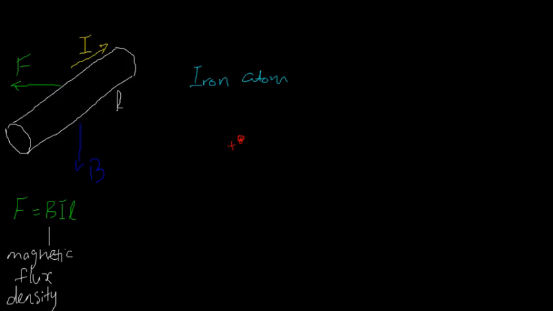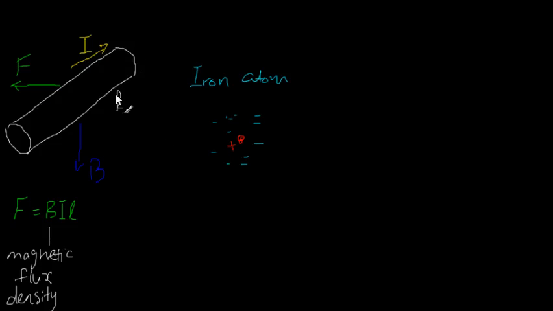Around the atom there would be negative charges of electrons, and these electrons will be moving around the nucleus of the atom, and these are negative charges.